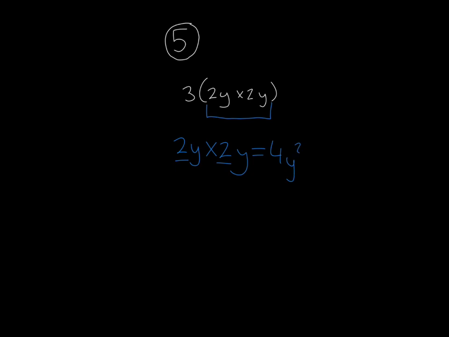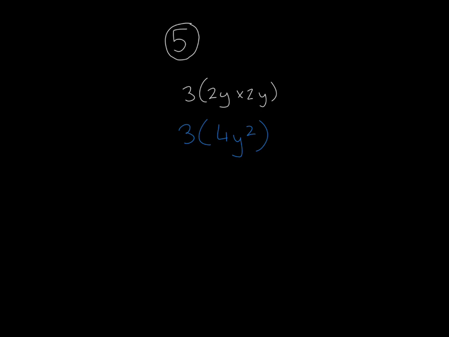So remember, 2 times 2 gave us 4, and the y times y gave us y squared. So this means that inside our brackets, we now have 4y squared. So we can rewrite this expression in its simplified form as 3 times 4y squared. And now, since we have completed everything inside of the brackets, we can now multiply the 3 into the brackets.